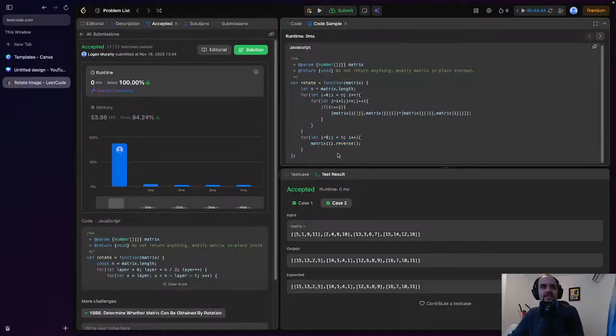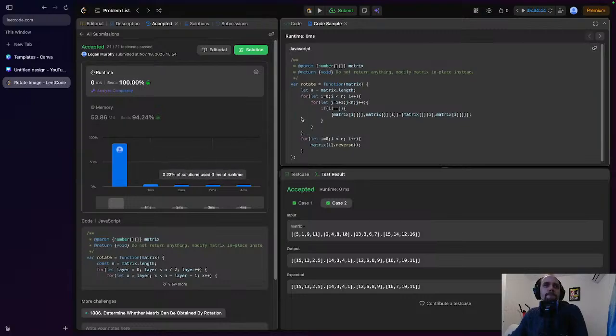Okay, it's not reversing the matrix, which I guess is not really that expensive. It's just reversing each array. Okay, somehow this is the best solution. Basically just a really complicated switch. I feel like you don't really need this. It's kind of pointless to do this if they're the same.